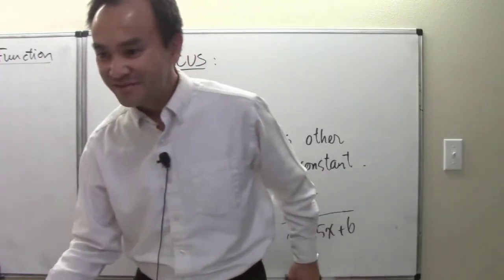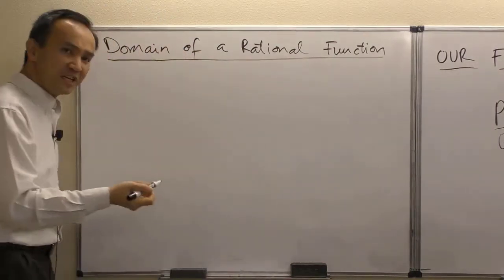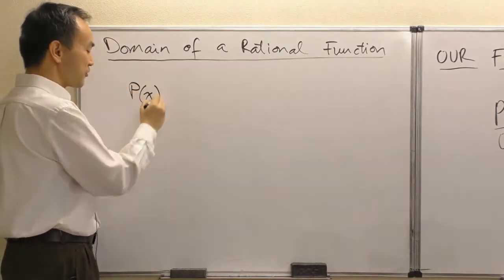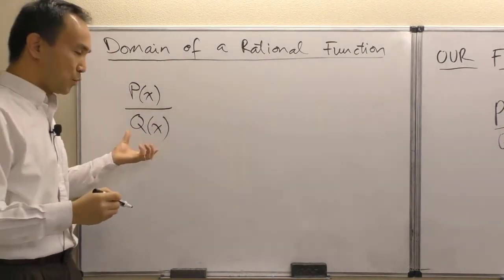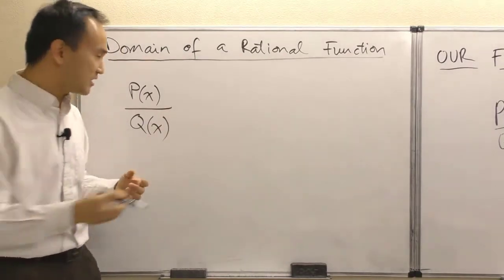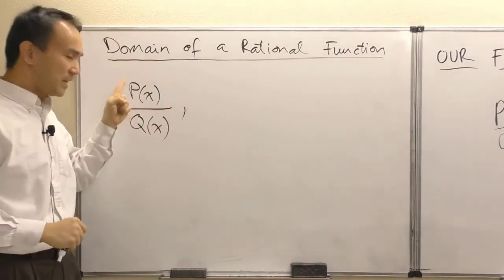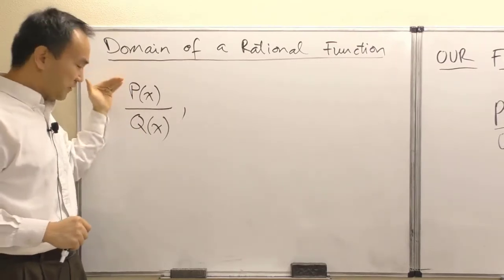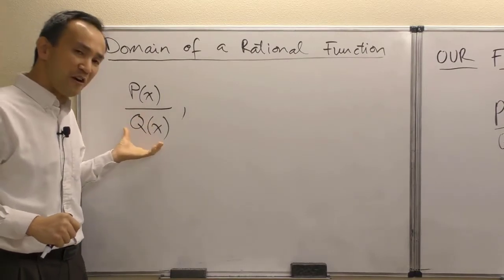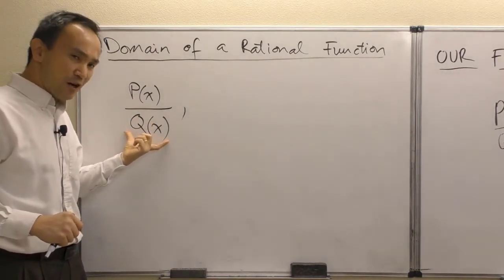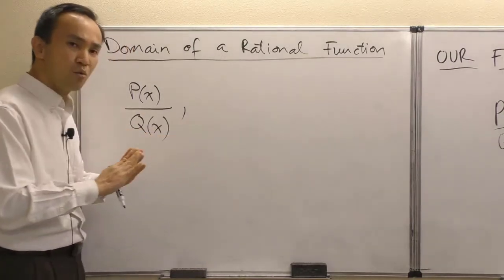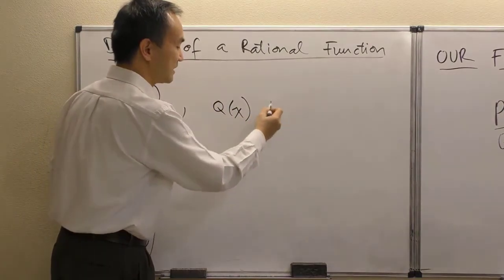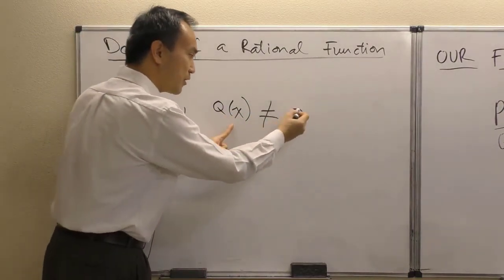So in those rational functions where the denominator is other than a constant, when your rational function is in the form of p of x over q of x, we must realize again that in the end, a rational function is a fraction. Once we focus on that kind of rational function, no matter when we work and what we do to the rational function, we must always watch out to ensure that the denominator must be non-zero.